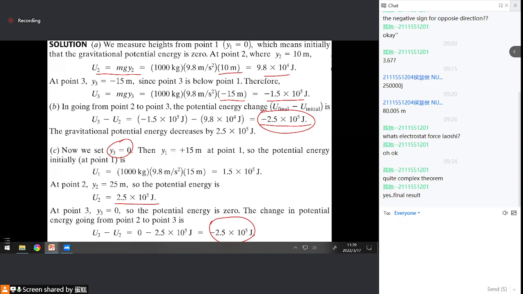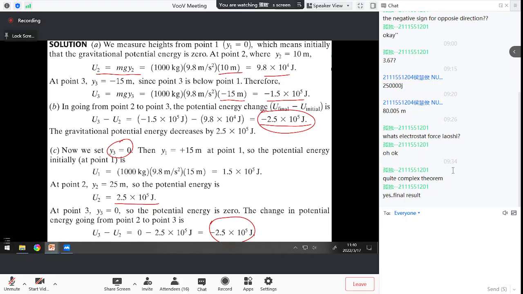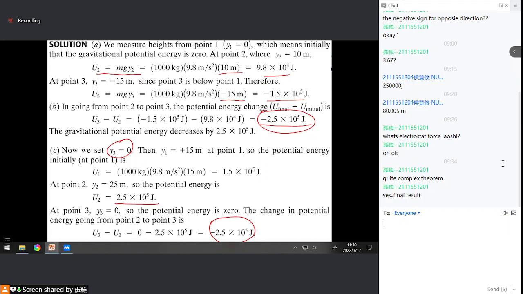So this example tells us that the potential energy depends on where you choose to be 0. Even at the same position, if you choose a different position to be 0, the potential energy can be different. Just like here, the potential energy for point 2, if we choose y3 to be 0, is 2.5 times 10 to the 5, while if we choose y1 to be 0, it is 9.6 times 10 to the 4.